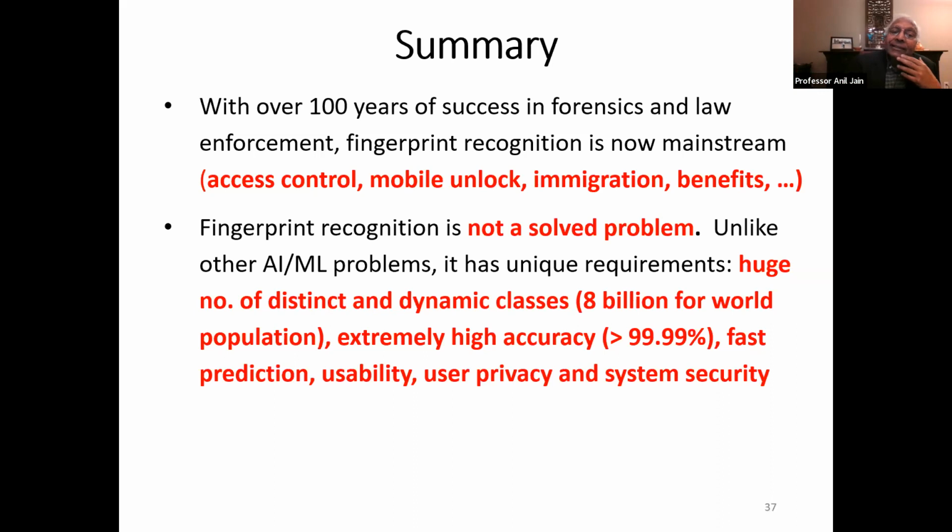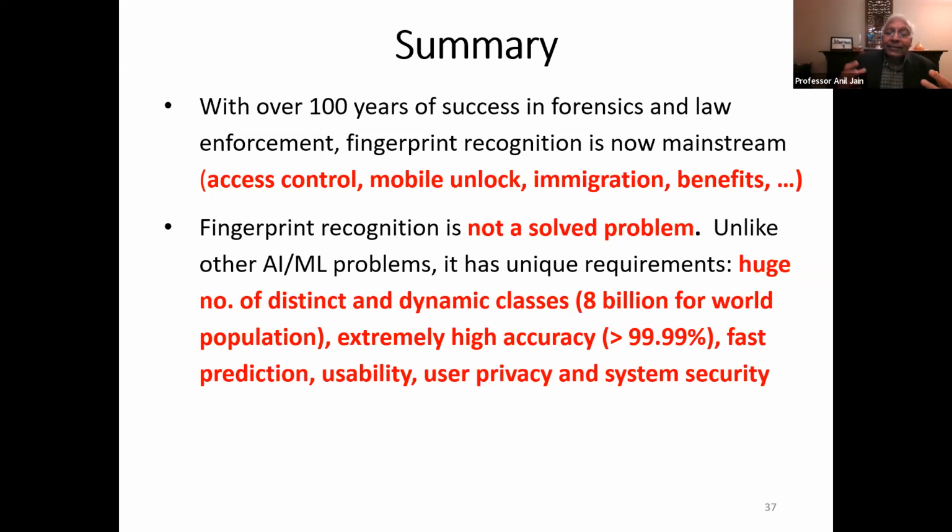We require an extremely high accuracy, and no accuracy is enough. We have to keep on pushing it as the size of the database continues to increase. We need a fast prediction. The system has to be usable, and we need to maintain user privacy and system security.